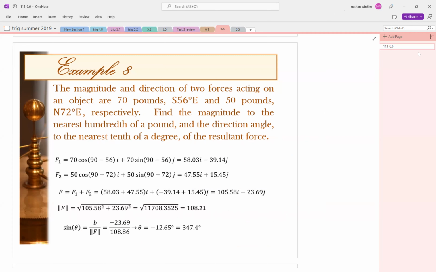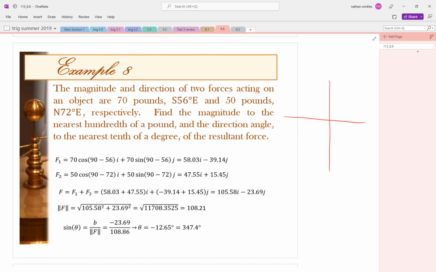The magnitude and direction of two forces acting on an object are 70 pounds, south 56 degrees east, and 50 pounds at north 72 degrees east, respectively. Find the magnitude to the nearest hundredth of a pound and the direction angle to the nearest tenth of a degree of the resultant force. Let's do a quick little drawing just to show what's going on here.